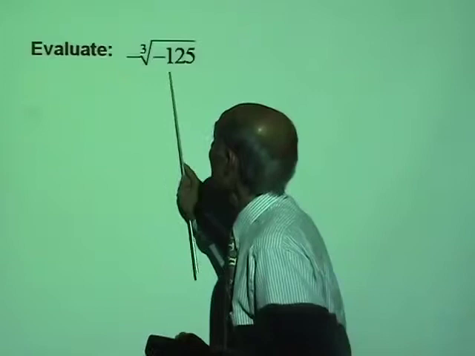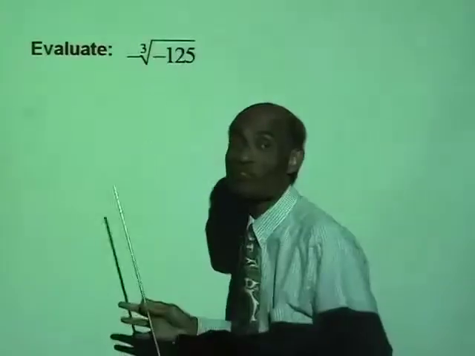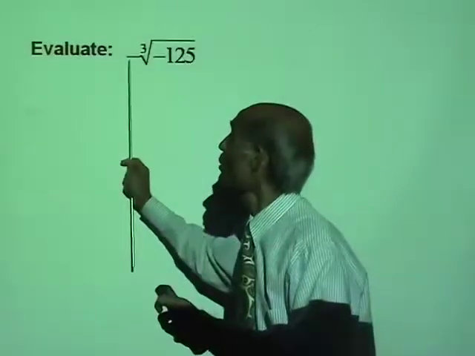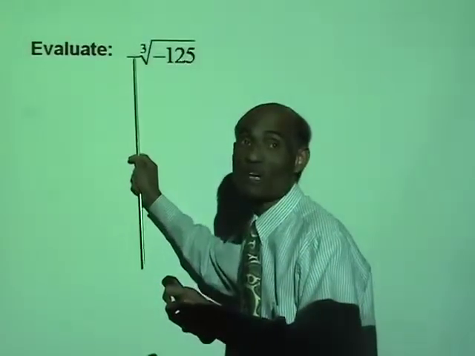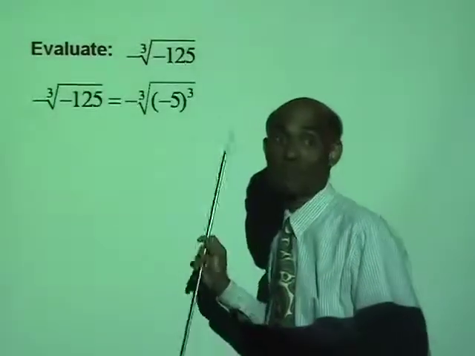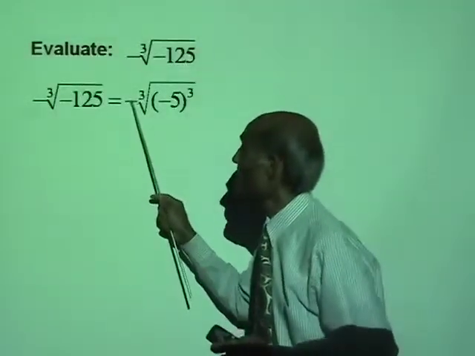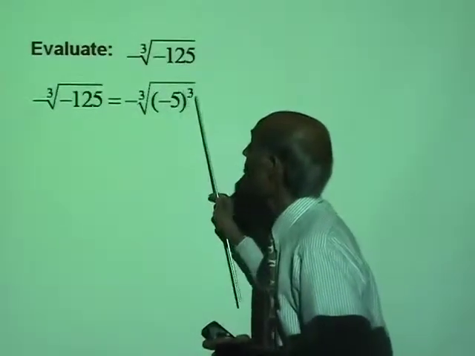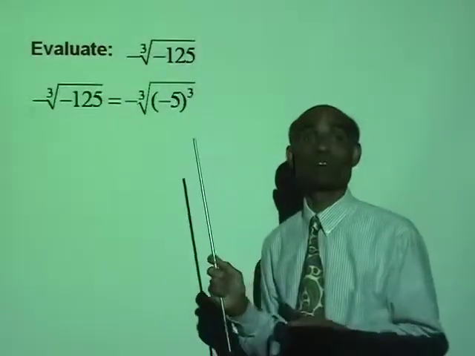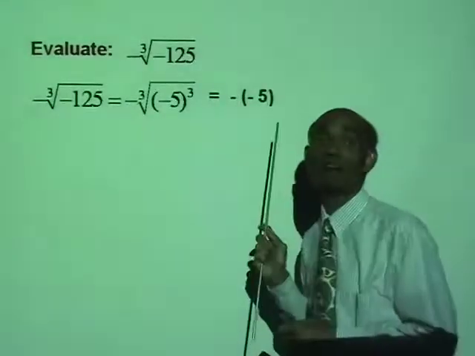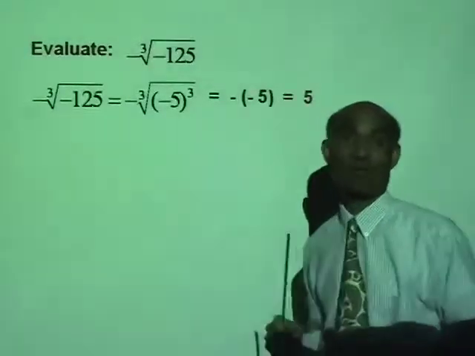The cube root of negative 125 is negative 5. And therefore, now looking at this negative, it will be negative of negative 5. Is that right? That will be negative cube root of negative 5 to the power of 3, which is negative of negative 5, which is positive 5.